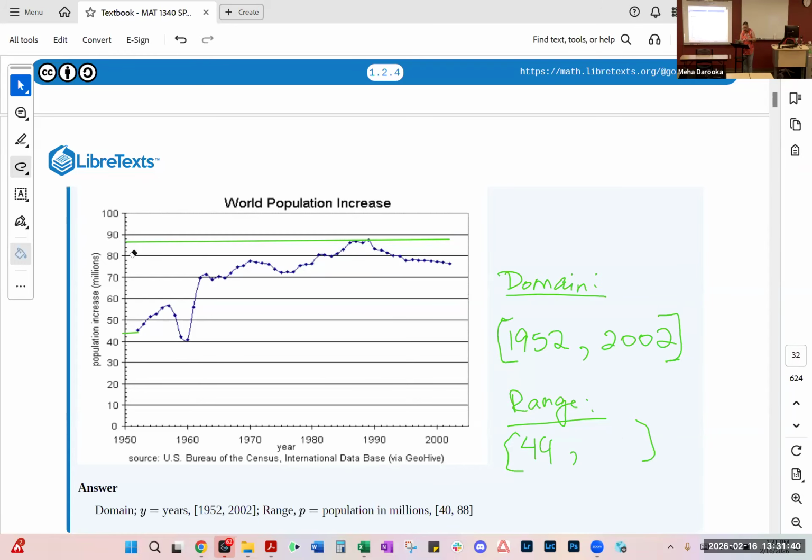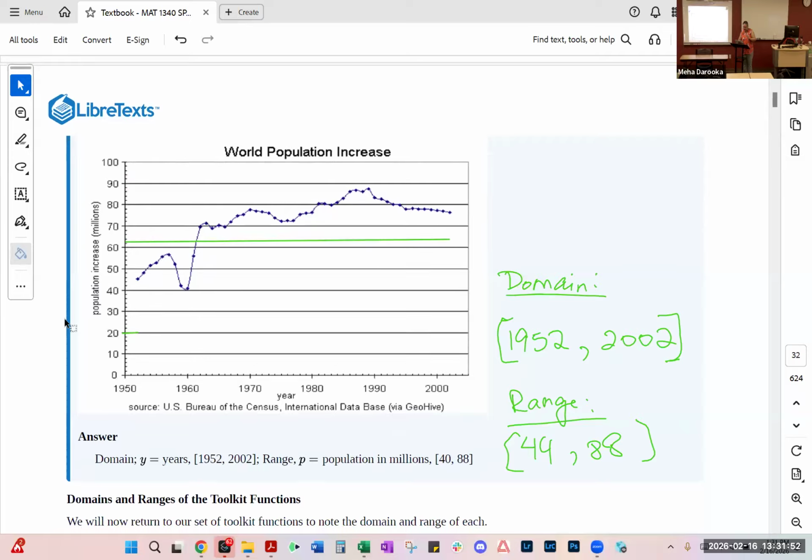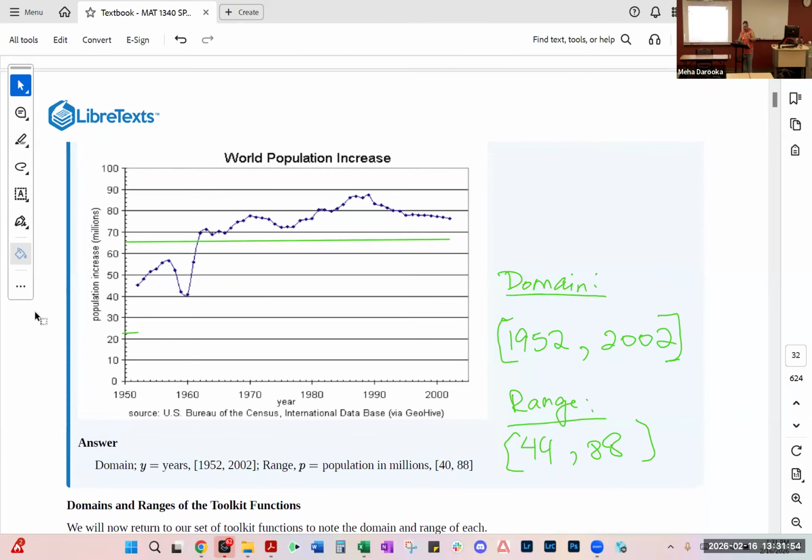So they're saying 88. I have mine at 86, but again, it's probably just the way I placed that line. But yeah, I mean, you still get the idea of how you are supposed to read the graphs and come up with your domain and range. So you can see our years were good, 1952 to 2002.